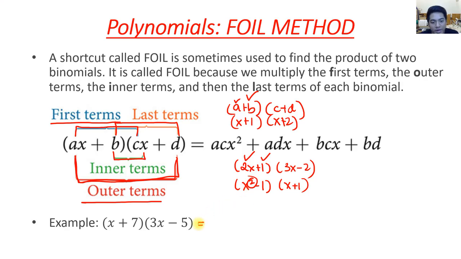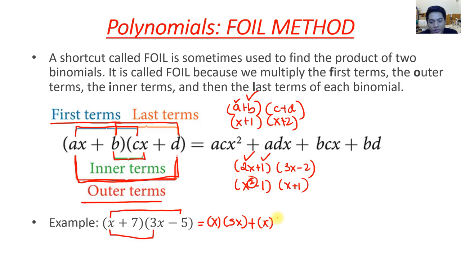So how about we try this? x plus 7 and 3x minus 5. We go for the FOIL method because these are both binomials, meaning two terms contained in the polynomial. So you have first, x times 3x, plus outer, x times negative 5.